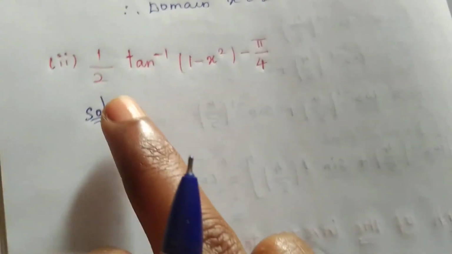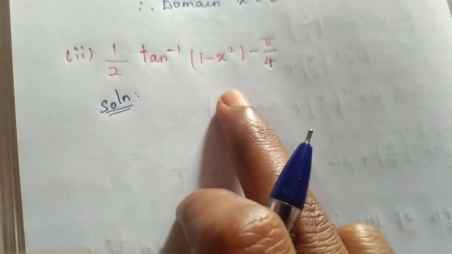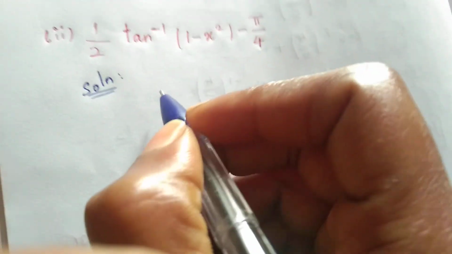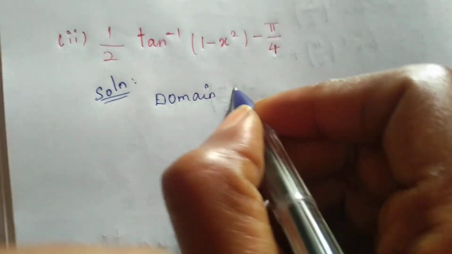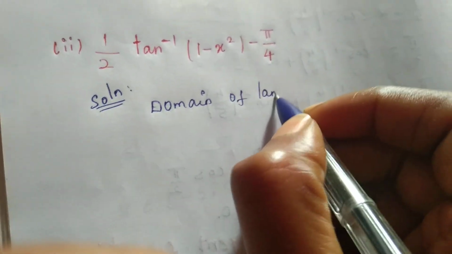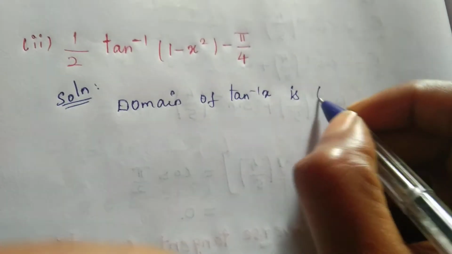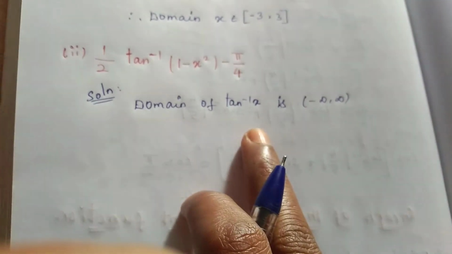Next, second part: one by 2 tan inverse of 1 minus x square minus pi by 4. This is the basic interval you can write. So the solution: the domain of tan inverse x is the open interval minus infinity comma plus infinity.